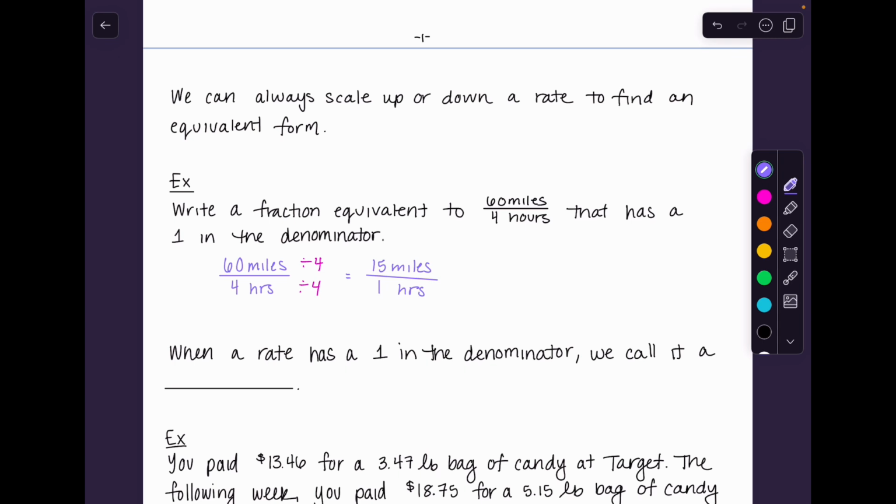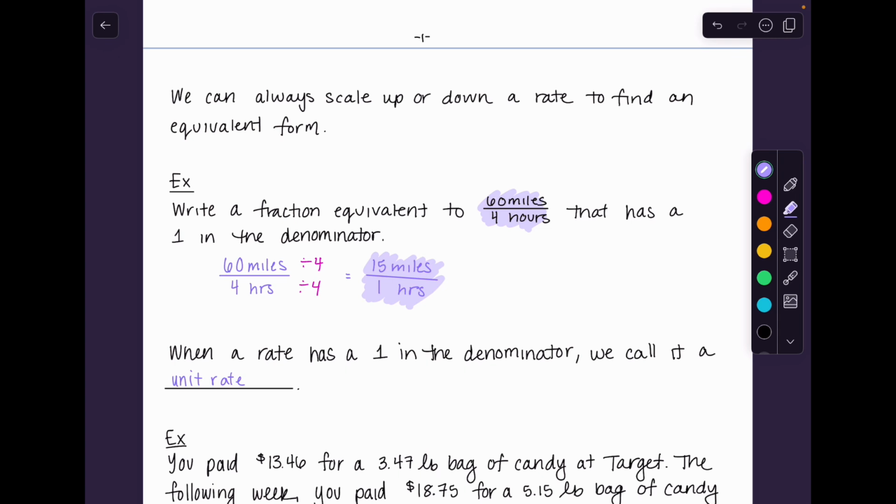So when we have something like this where there's a 1 in the denominator, we end up actually calling it a unit rate. The reason these unit rates are so beneficial is because this is much easier to then scale up and scale down. Because if I started with this and I asked how many miles would you go in 9 hours, it would be really hard to figure out what I would need to multiply the bottom by to make it a 9.